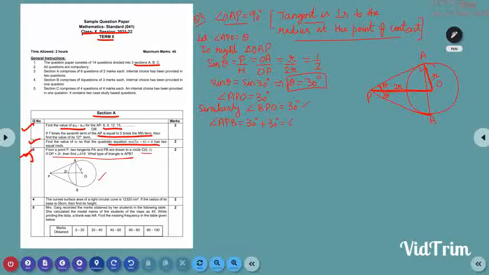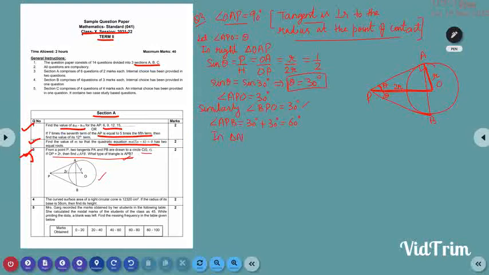Now, the second part of the question is to tell what type of triangle APB is. We have to tell if it is a special type of triangle or not. So, in triangle APB, these two sides PA and PB are equal. PA is equal to PB. Why?